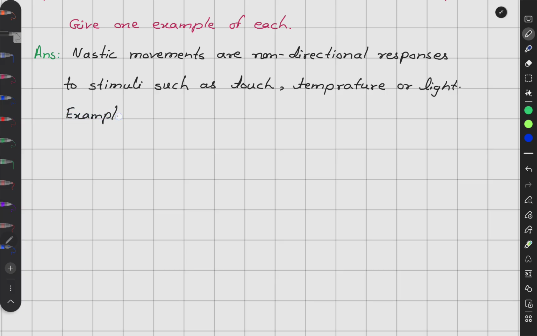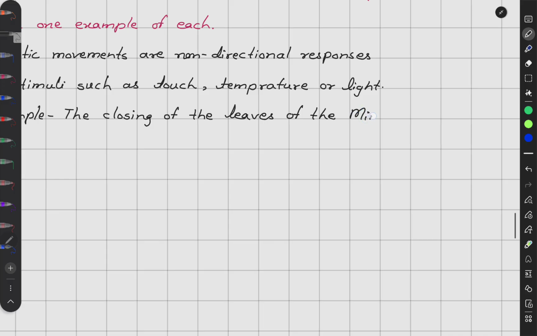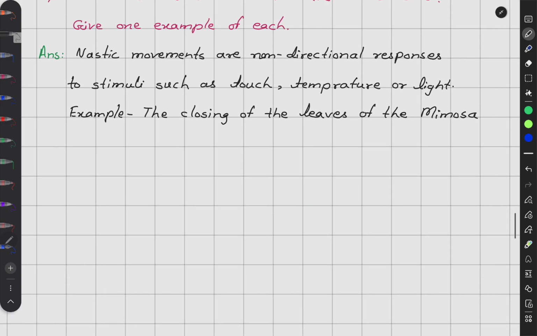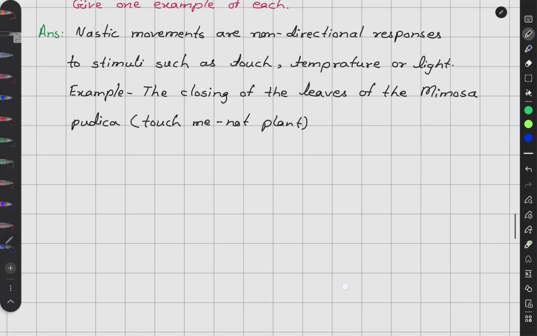Example, the closing of the leaves of the mimosa pudica, that is the touch-me-not plant, when touched.